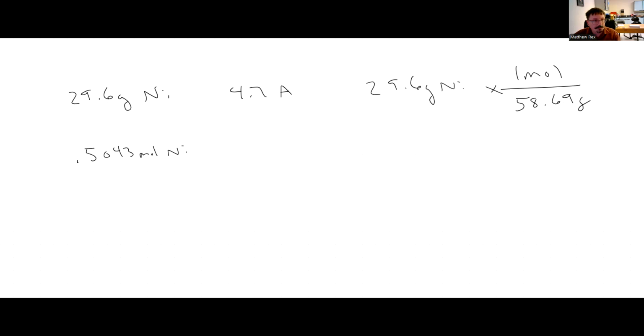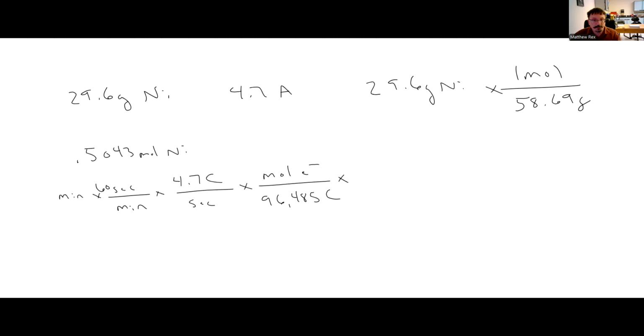So we're going to go from minutes to seconds, to amps, which are 4.7 coulombs per second, to Faraday's constant, which is 96,485 coulombs per mole of electrons, then 1 mole of nickel for every 2 moles of electrons.